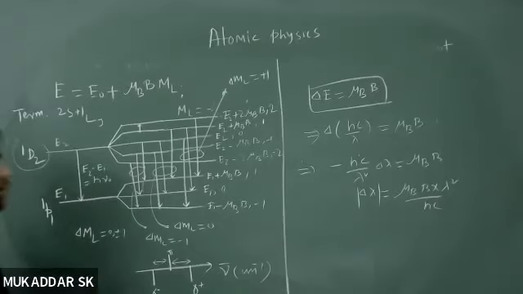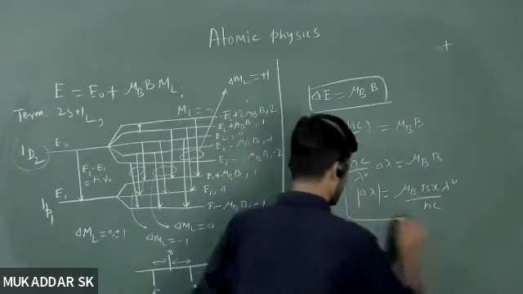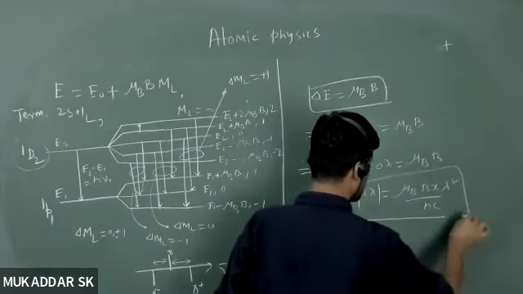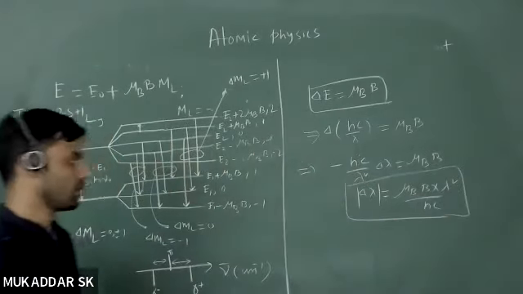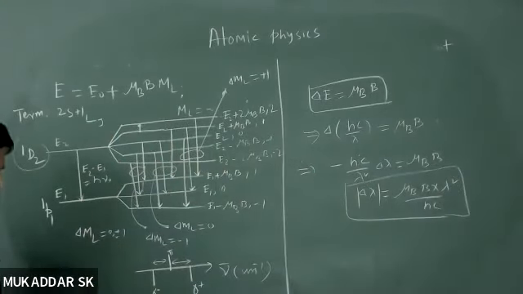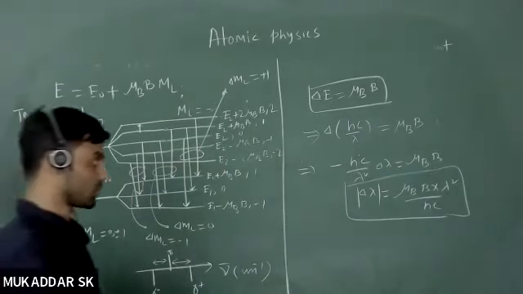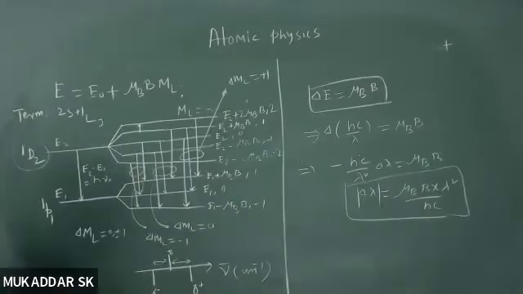So this is the main formula. You may see it in NET 3-4 times. I'll come to that problem also. It came 3-4 times in exams, also in GATE. So it's a very important formula.